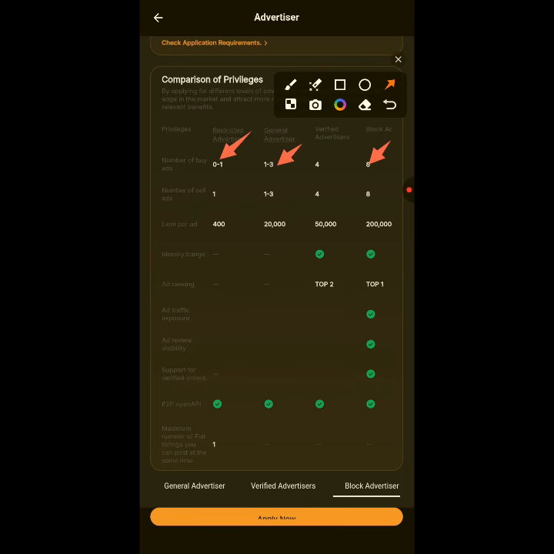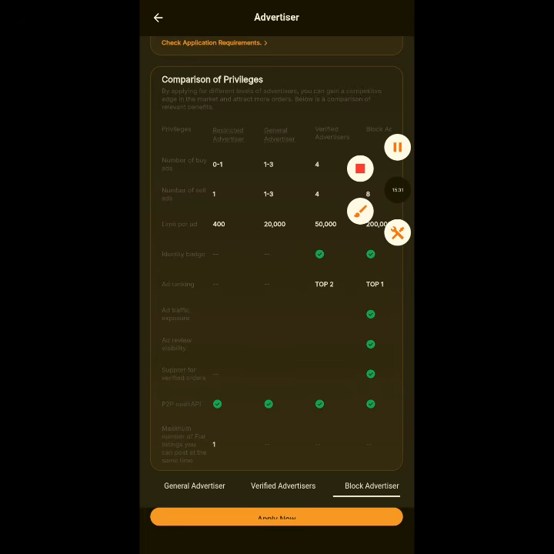Then for block advertisers, you can post eight buy, eight sell, and this is going to give your ad more exposure. All right, and the number of sell ads you can post. Sell ads are actually much cooler because this is where merchants buy from.